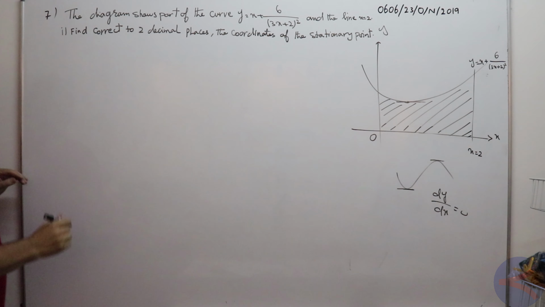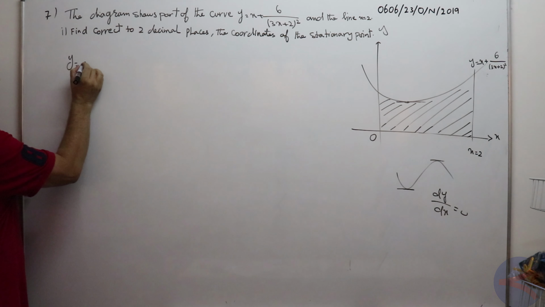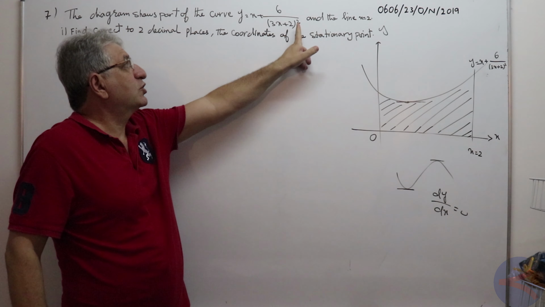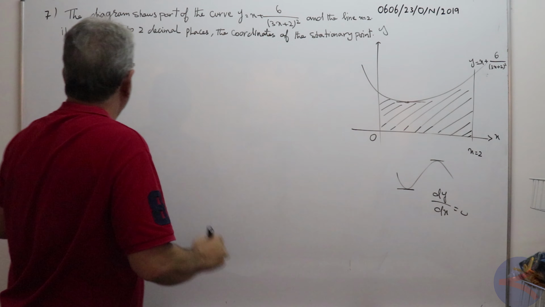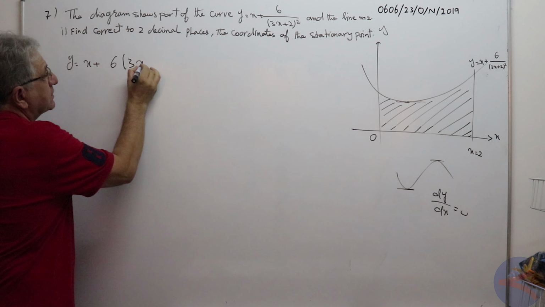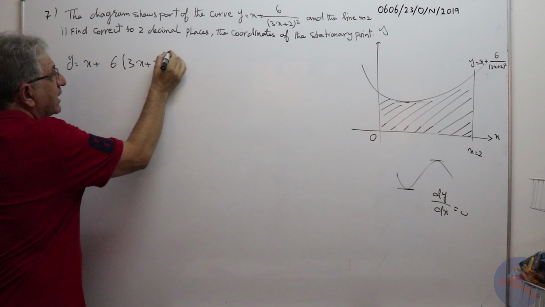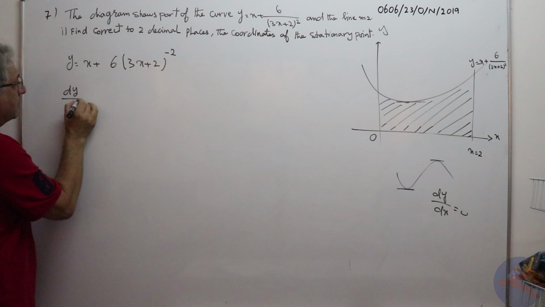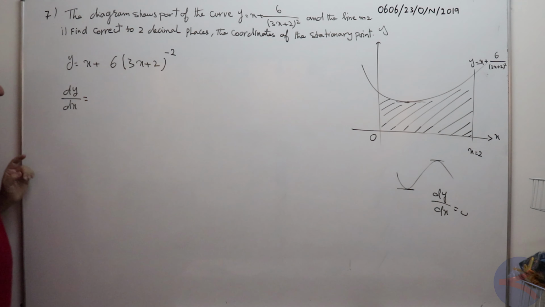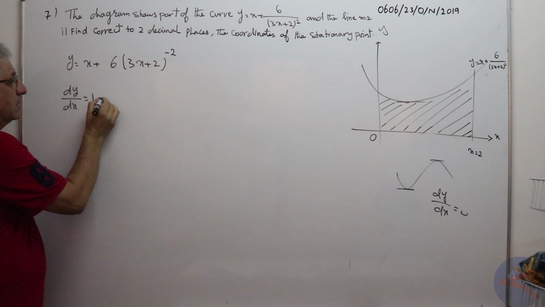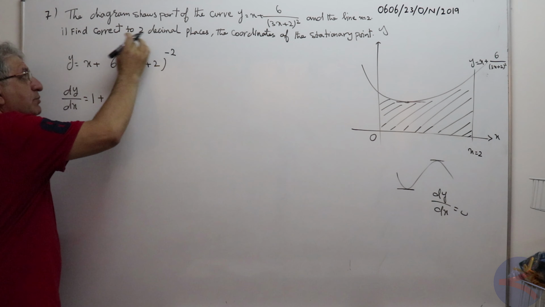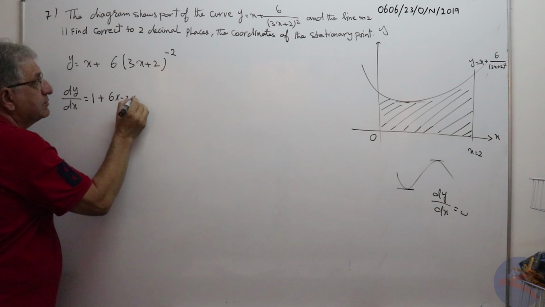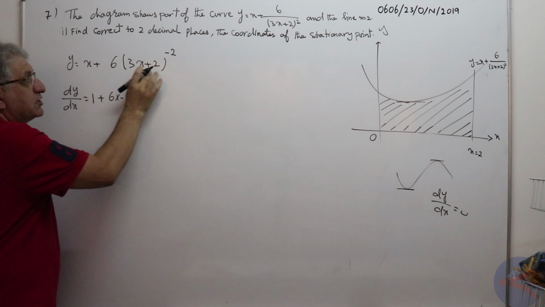So now I have to find dy by dx. I know y is equal to x plus 6. This power 2 is in the denominator, therefore I can write this as 3x plus 2 to the power of negative 2. Now I will write dy by dx. Differentiate this one, this is 1. Now for this, negative 2 comes down, will be actually 6 times negative 2 times the derivative of the inside.